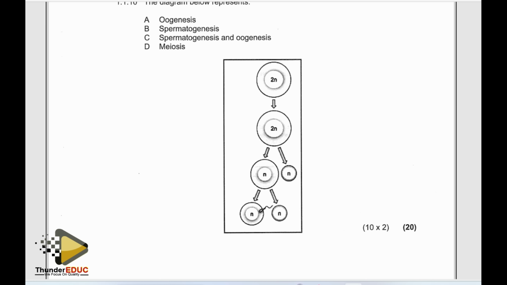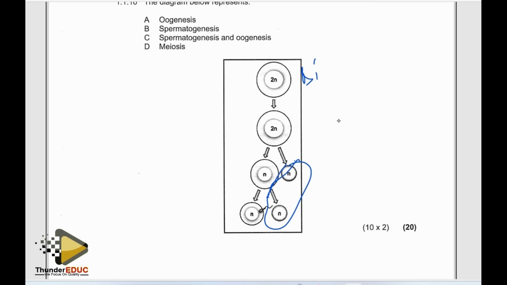It's under the influence of meiosis, but what are you trying to do? Check here. You have 2N, 2N. You form 1N, 1N.